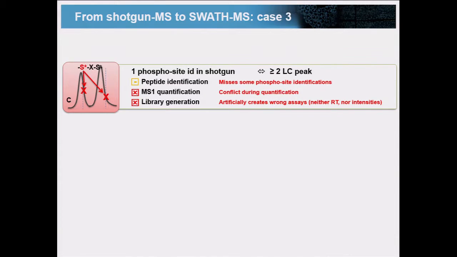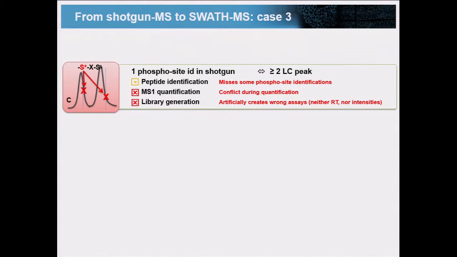Then we have another example. Sometimes we would have two peaks, and for any reason in shotgun we have just one identification that was assigned to these two LC peaks. We would presume that the peptide identification in one of them is wrong. Maybe there was another phosphopeptide isomer that was actually eluting here. The MS1 quantification would also be wrong.